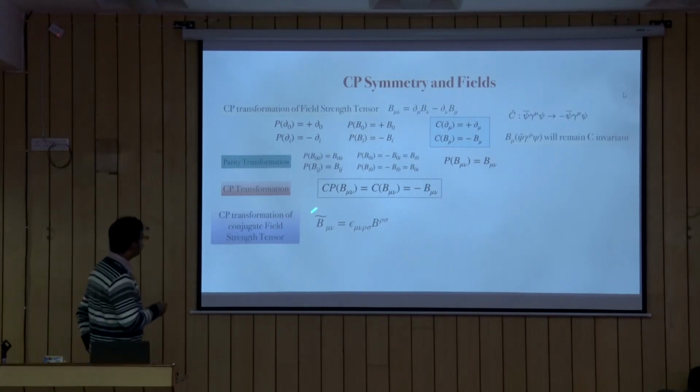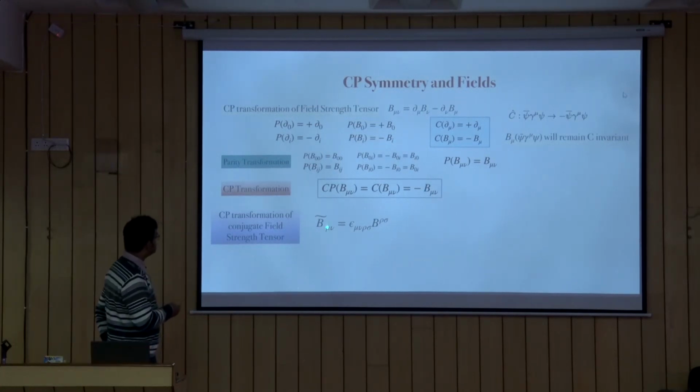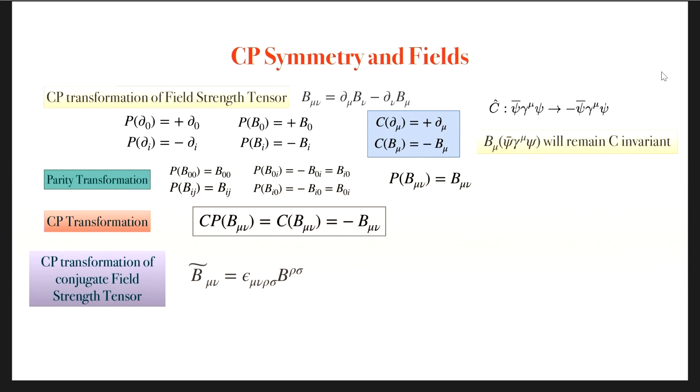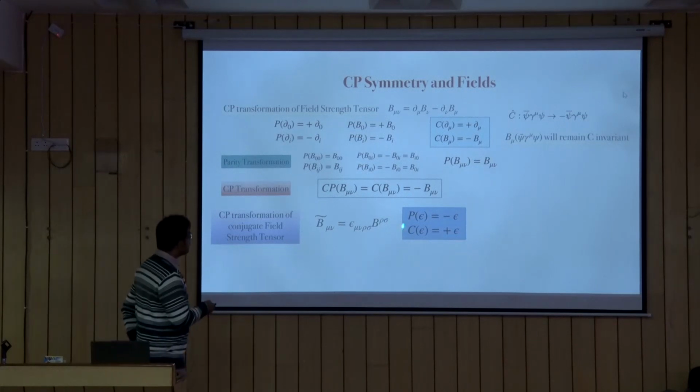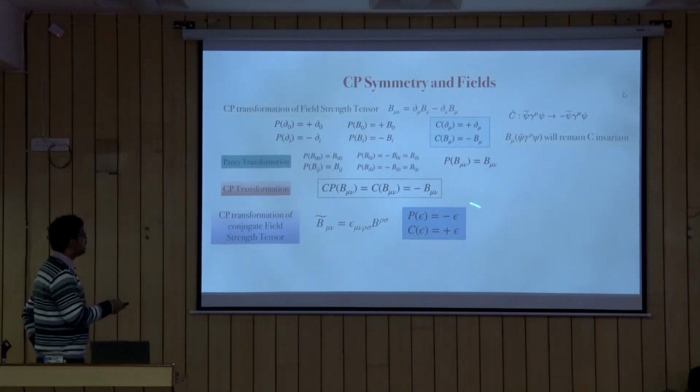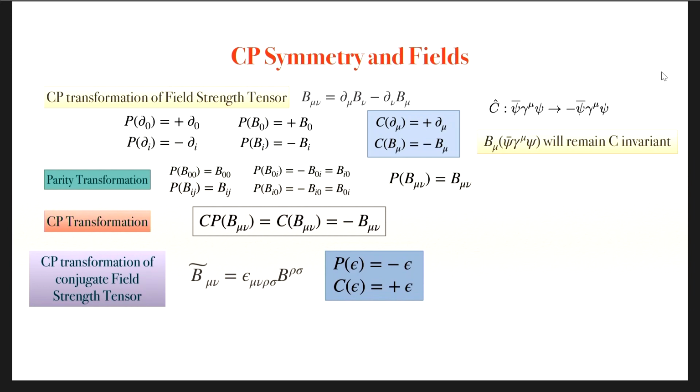What about the dual field strength tensor, which is B tilde mu nu? We know that it involves a Levi-Civita symbol, or antisymmetric tensor of rank 4, epsilon mu nu rho sigma B rho sigma. And you can verify that P on epsilon will actually give a minus sign, minus epsilon, whereas C on epsilon will remain the same.